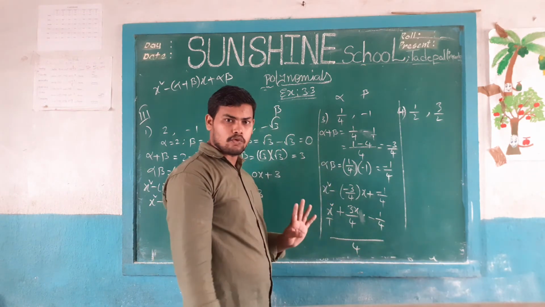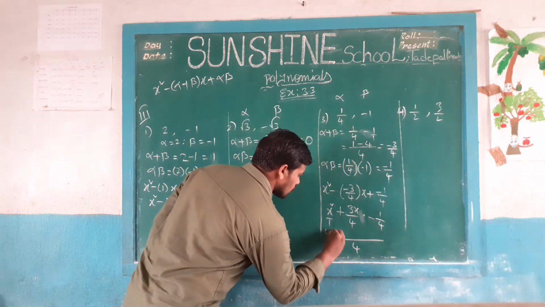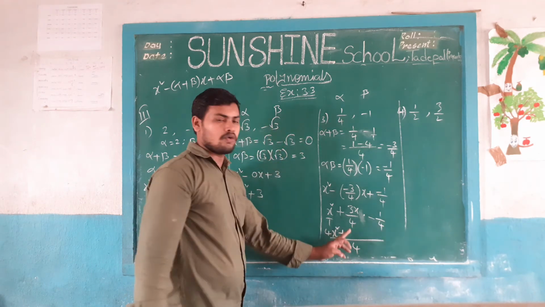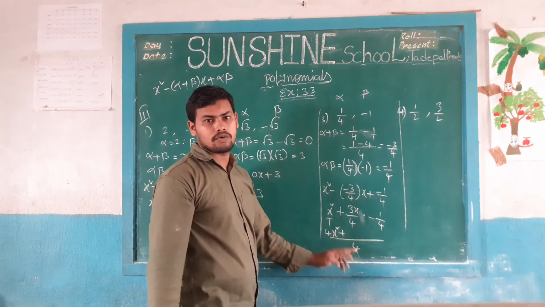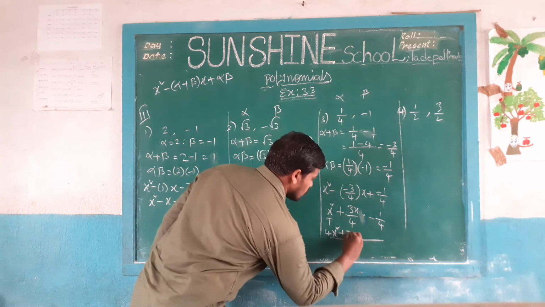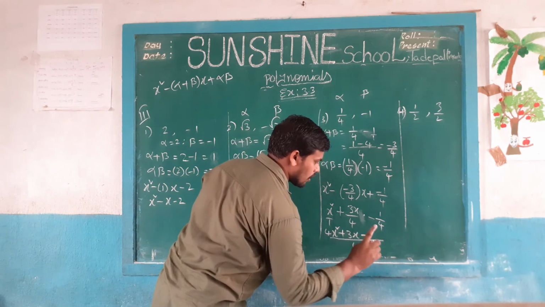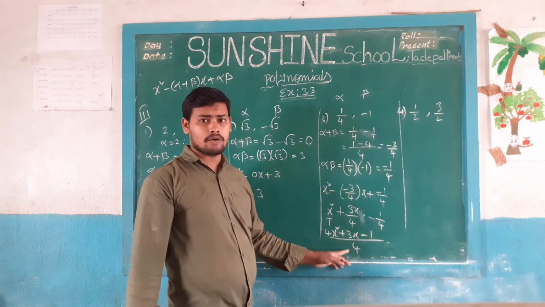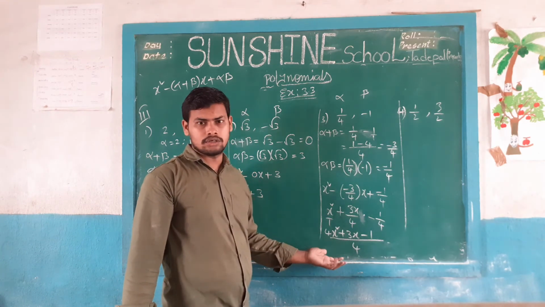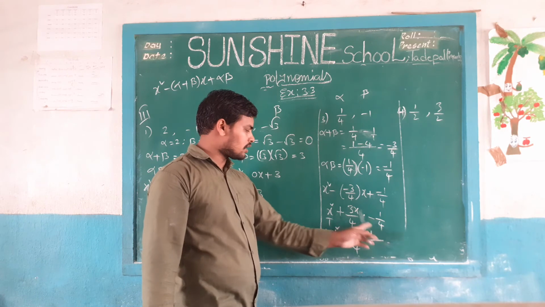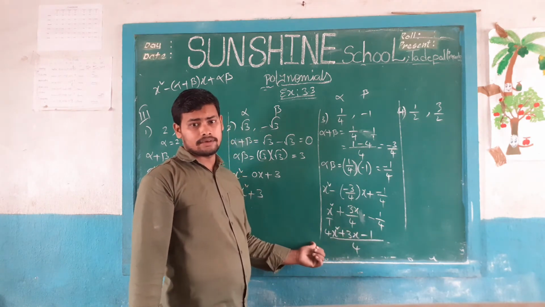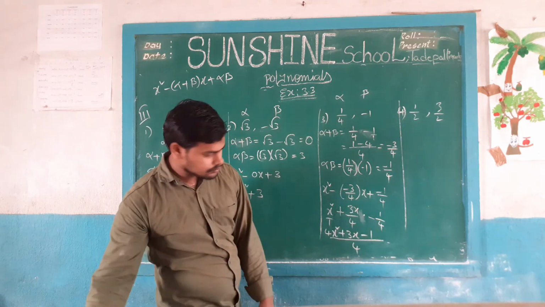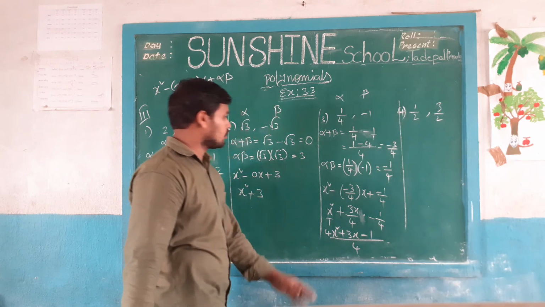1 in 4, 4 times. 4 into x square, 4x square plus, 4 into 4, 1 time, 1 into 3, 3x, plus 4 into 4, 1 time, 1 into 1, 1. Okay. Again there is a denominator here, so you should multiply this polynomial with k. Multiply with k. Is it okay?